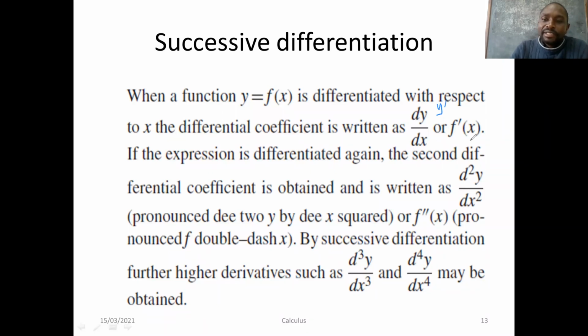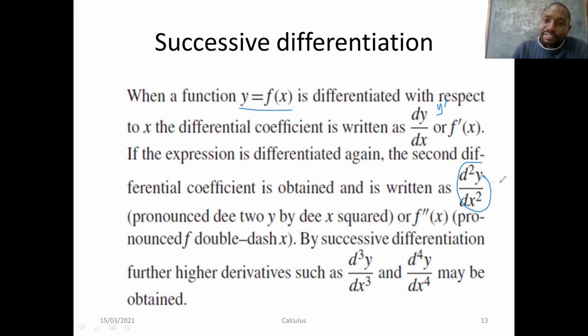But if we differentiate the derivative of y a second time, then you have what is known as d2y by dx squared, d2y divided by dx squared.